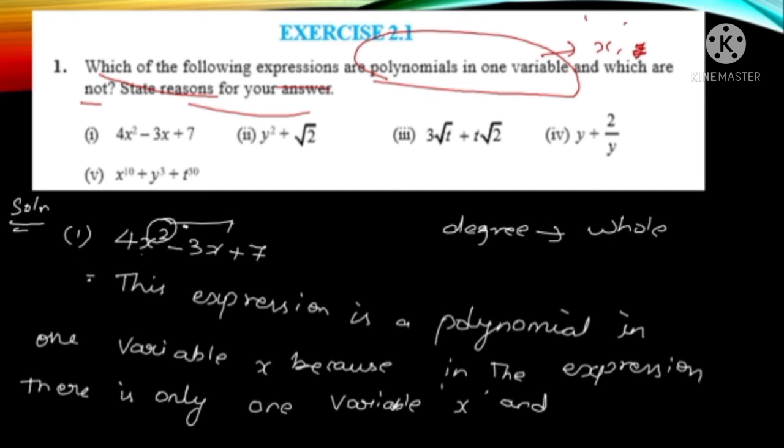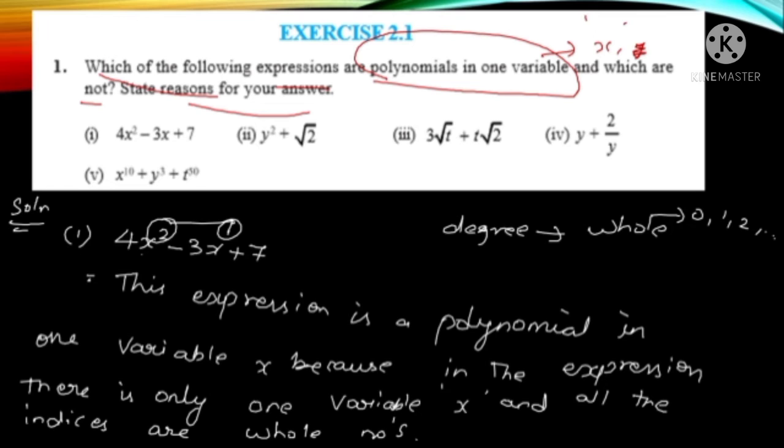Here the degrees are 2 and 1, which are whole numbers. What do you mean by whole numbers? Whole numbers start from 0, 1, 2, 3 and so on. So the indices should be whole numbers, and here all the indices are whole numbers. So this is the answer for the first subdivision.